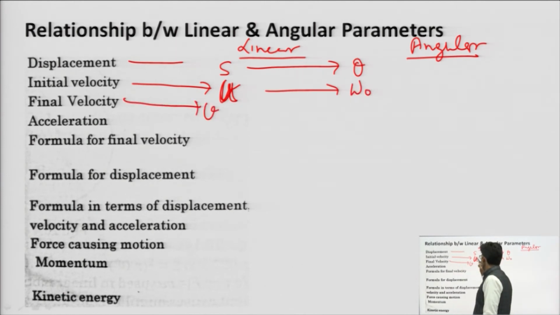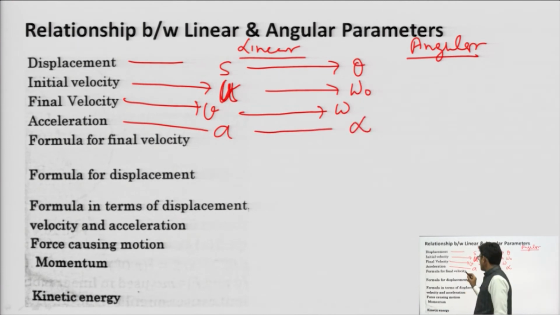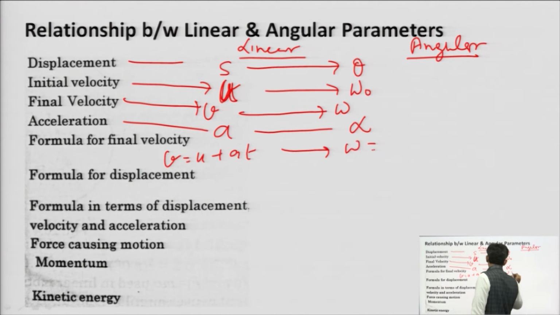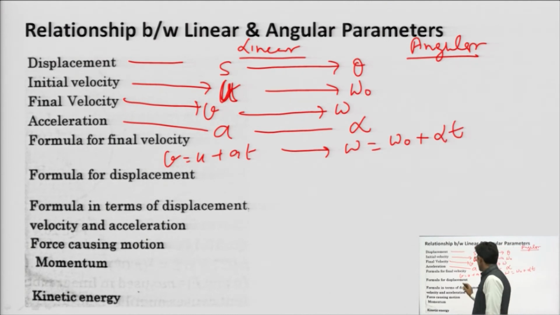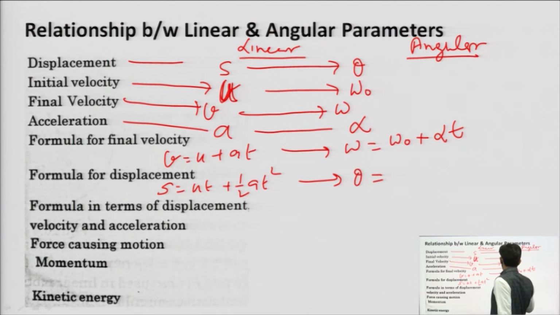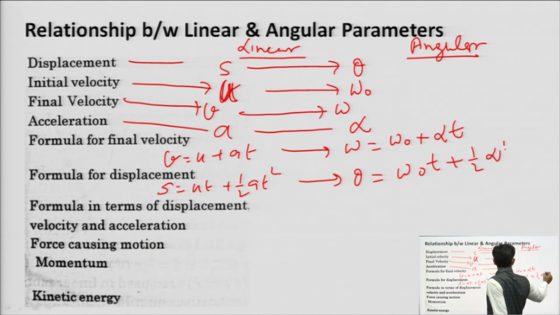Final velocity v, in angular it is omega. Acceleration a, here it is alpha. For final velocity we have v equals u plus at; here omega equals omega naught plus alpha t. For displacement, s equals ut plus half at square; here theta equals omega naught t plus half alpha t square.